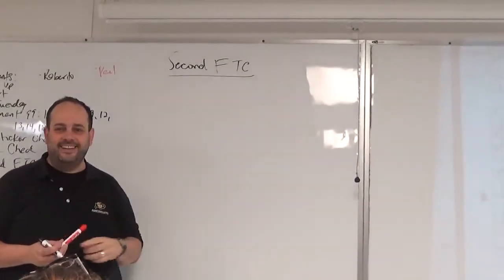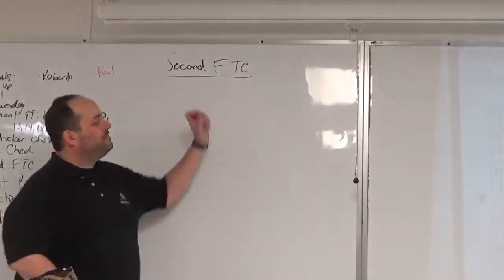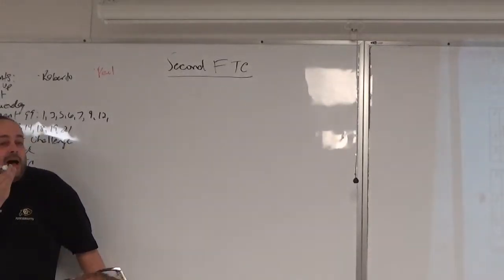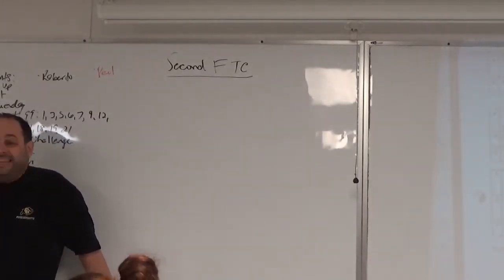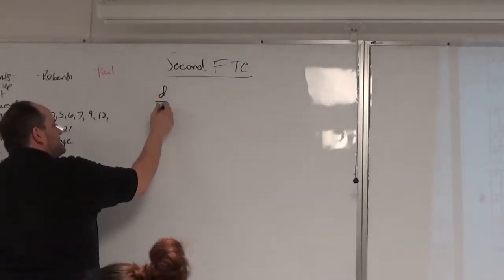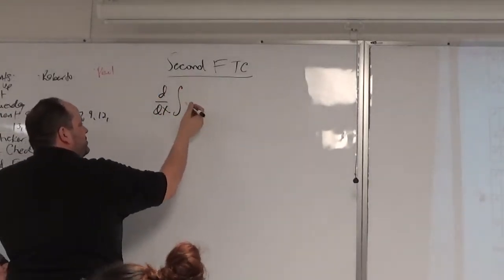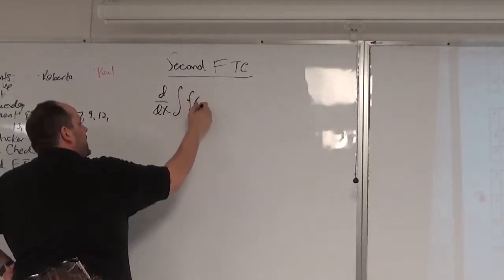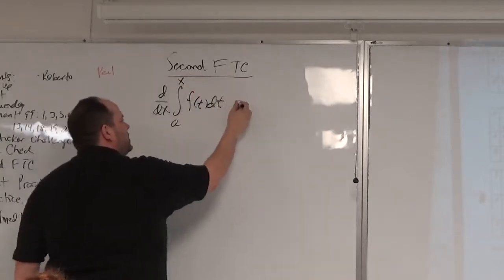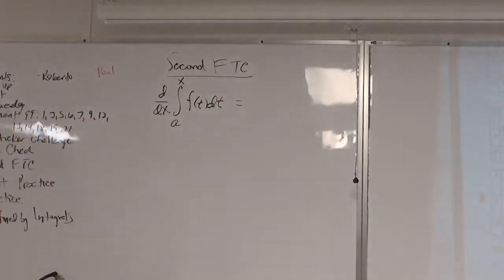Okay, we're good? Yeah. Okay, second fundamental theorem of calculus. This is the thing. It looks like gobbledygook. It is like the most mathy thing we're going to write all year. And the second fundamental theorem of calculus says, if I'm taking the derivative of an integral of a function from a constant to a variable, scary, all the math notations, what's that equal to?